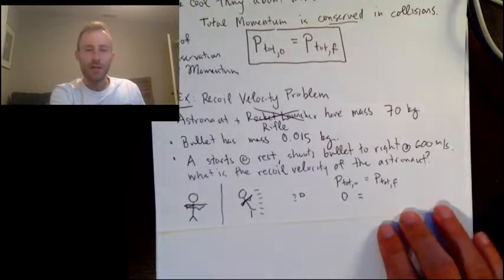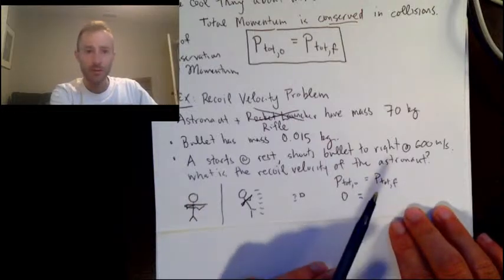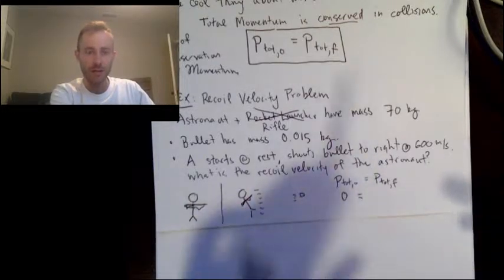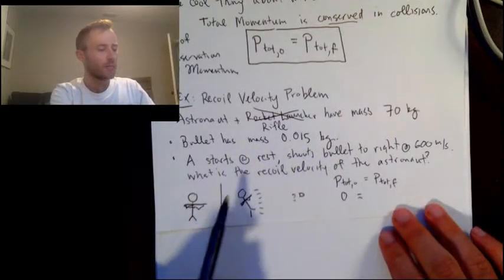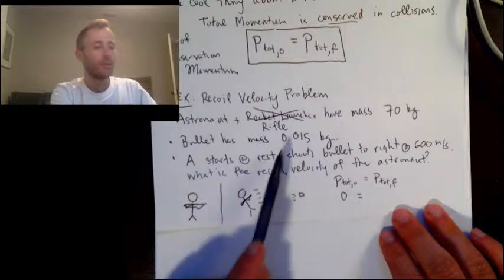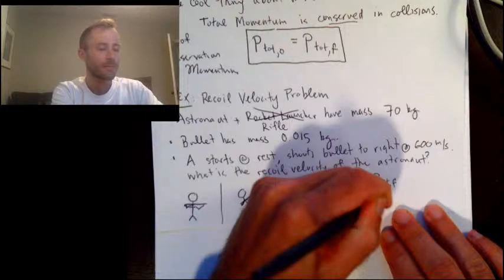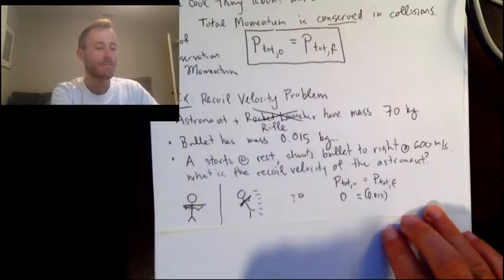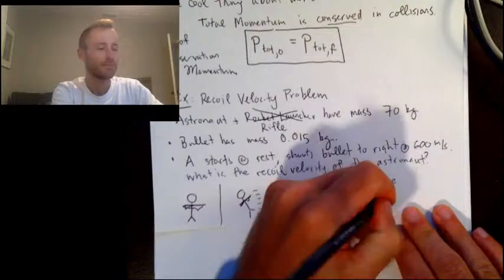Now let's look at the final momentum. So the final momentum is still going to be 0, but it's going to be made up out of two parts that are not 0. Okay? So first, we have the momentum of the bullet. The bullet has a mass of 0.015, and it has a velocity of 600 meters per second.